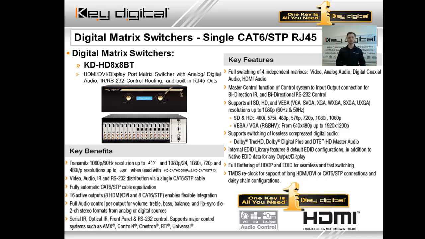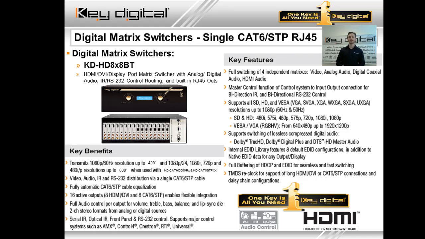Now with this product, you're looking at 1080p 60 up to 400 feet, 1080i, 720p, 1080p at 24 frames per second, up to 600 feet. This matrix switcher, HD 8x8 BT, must be used with KD Cat HD 500 RX. We sell the receive balun independently, that is.